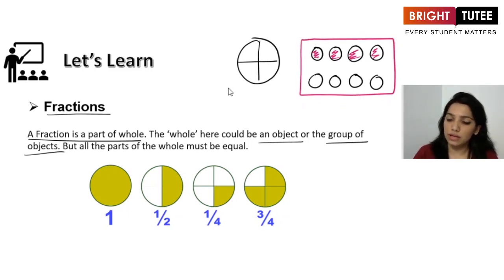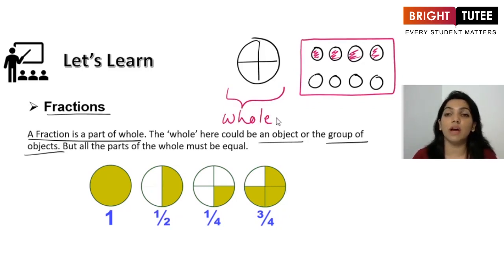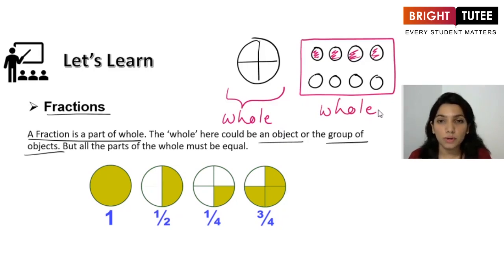So here, if we are talking about this pizza, this was acting as a whole part. But now because we are talking about 8 balls, all of these 8 balls are basically the whole. If I just select 2 parts of this particular pizza, it is half of the pizza.